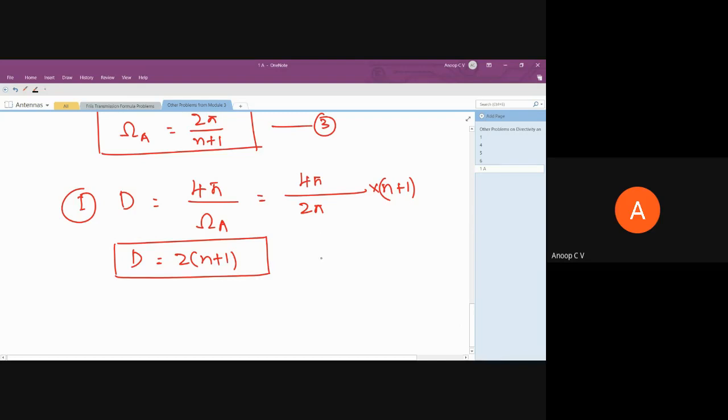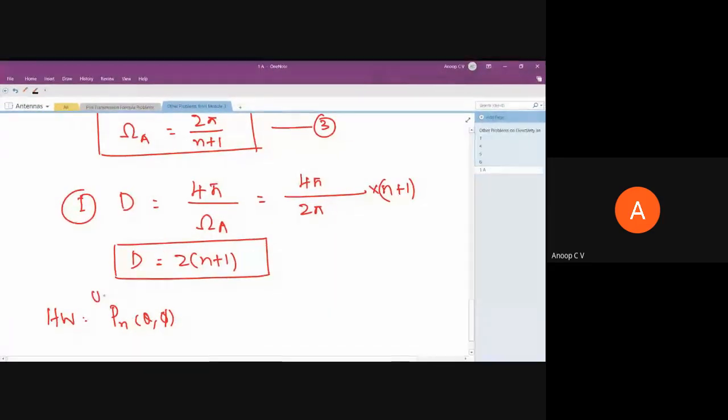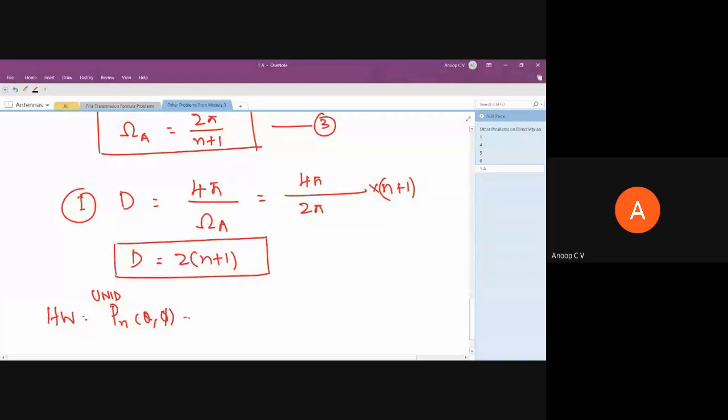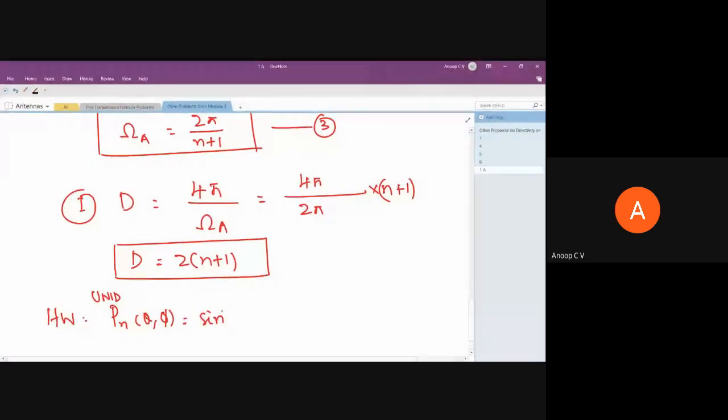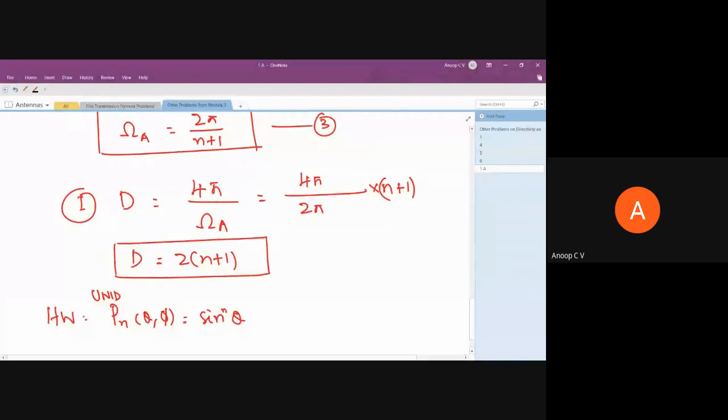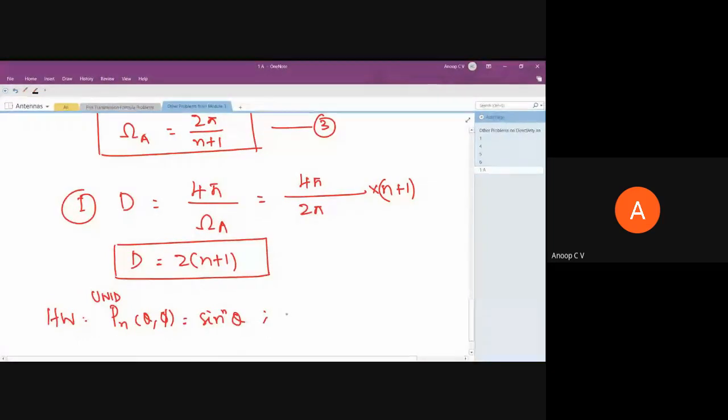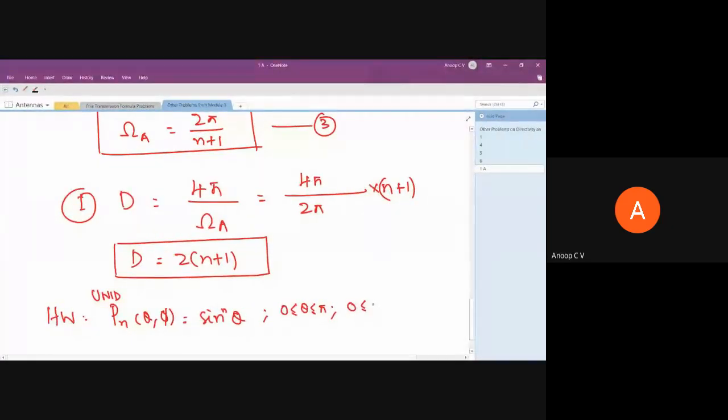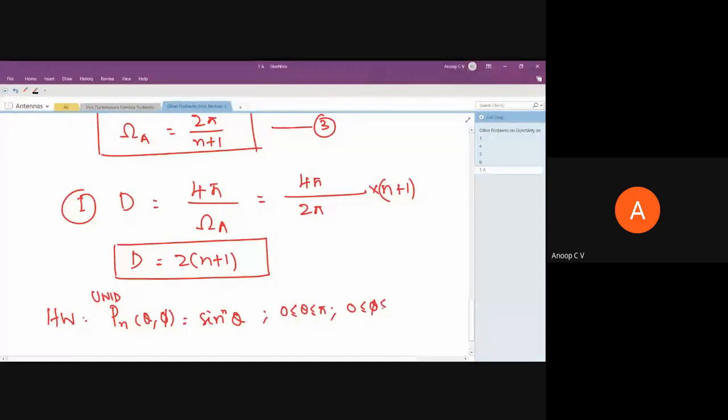Similarly, you can try this. If Pn of theta comma phi is unidirectional, again unidirectional, and Pn of theta comma phi is equal to sine power n theta, unidirectional means in this case theta will be 0 less than theta less than or equal to pi itself, but phi will be less than or equal to pi.